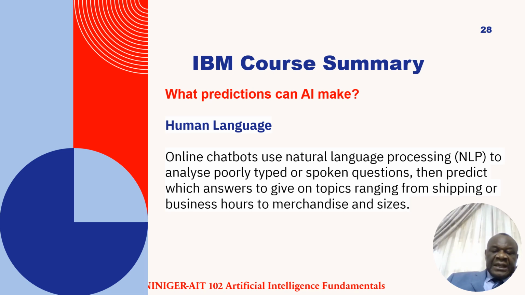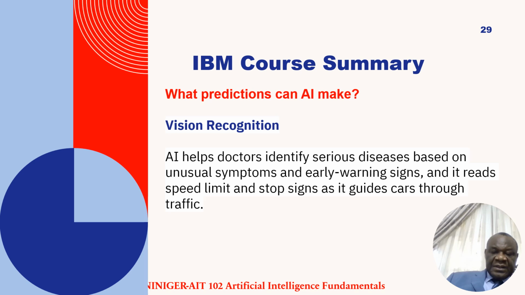What predictions can AI make? One, in human language, online chatbots use natural language processing to analyze poorly typed or spoken questions, then predict which answers to give on topics ranging from shipping or business hours to merchandise and sizes. Another area that AI can predict is vision recognition.